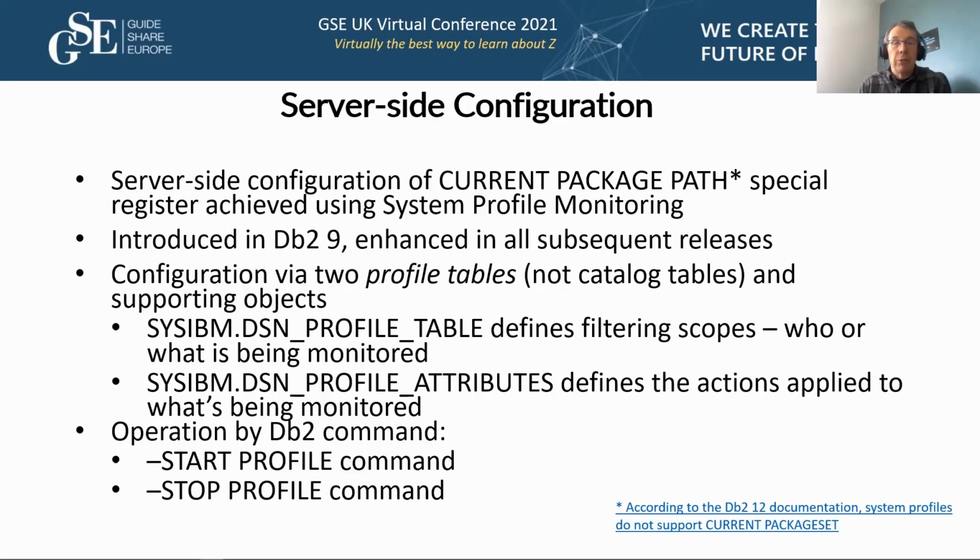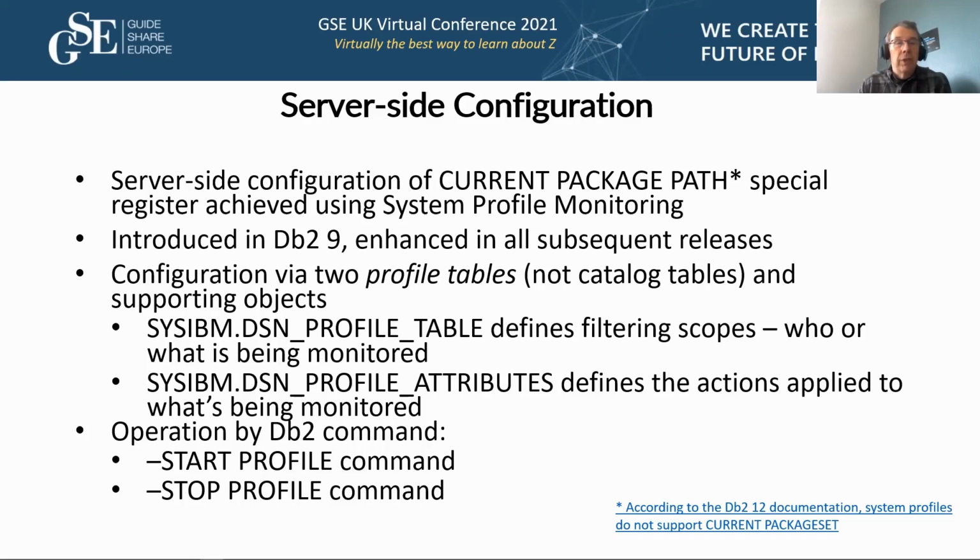Now, according to the DB2 12 documentation, system profiles don't support the current package set special register. So the only way to do it is via configuring current package path. Now, system monitoring profiles were introduced in DB2 version 9 quite a long time ago now, and they were enhanced in all subsequent releases.